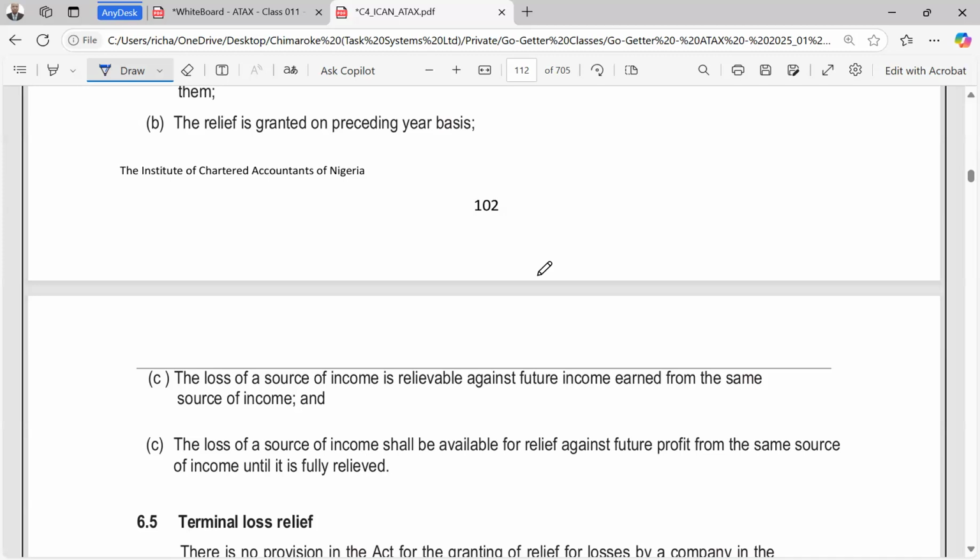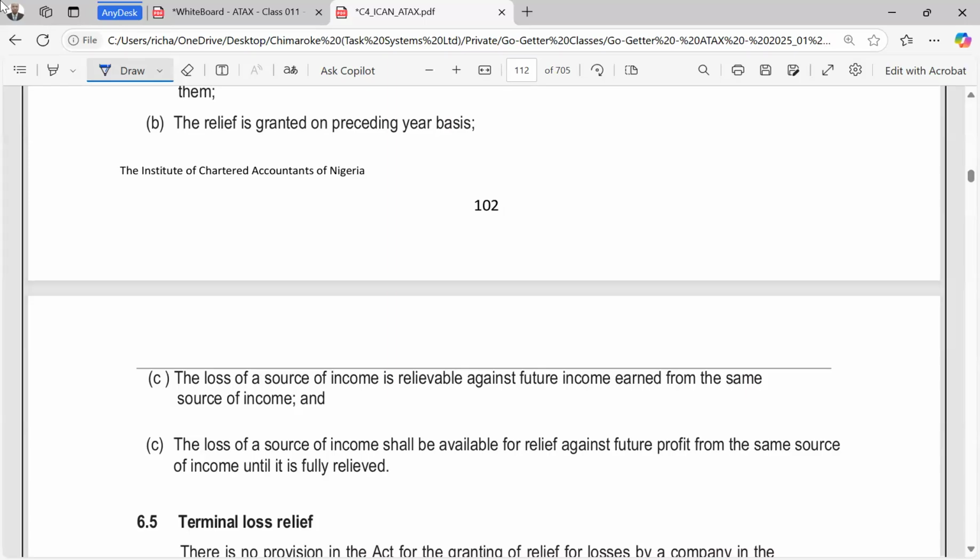What have we learned here? We have learned two kinds of loss. We've learned current year loss, available to only individuals, and it has the following characteristics. One, it is relieved in the first year the loss was made.